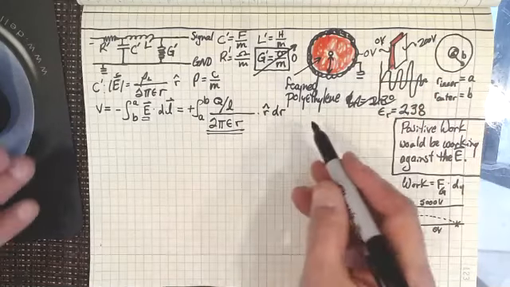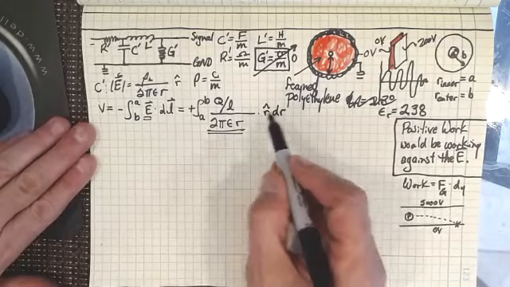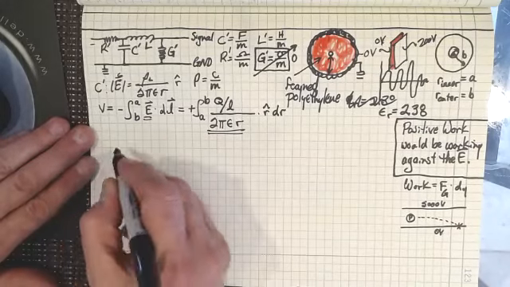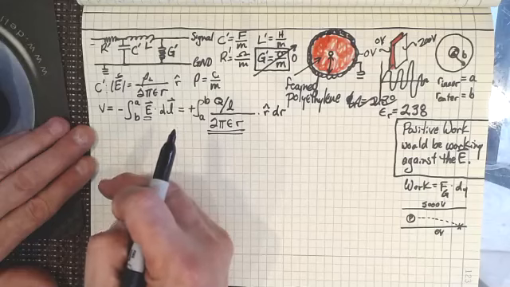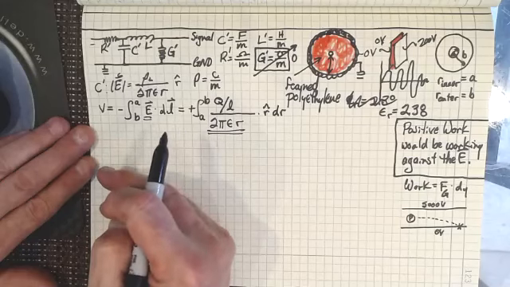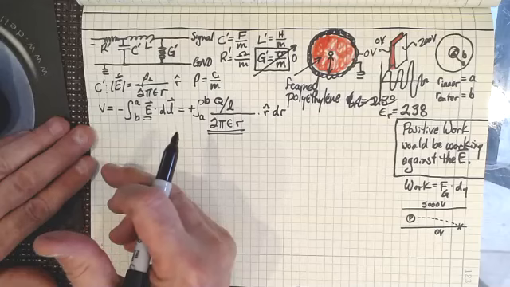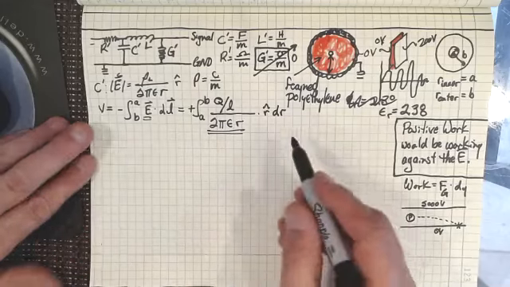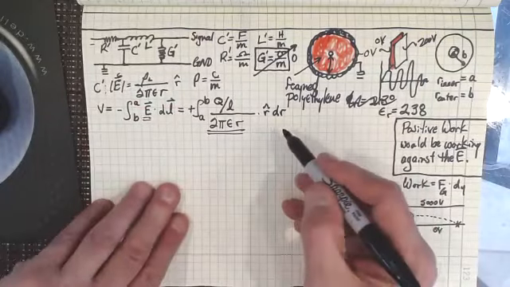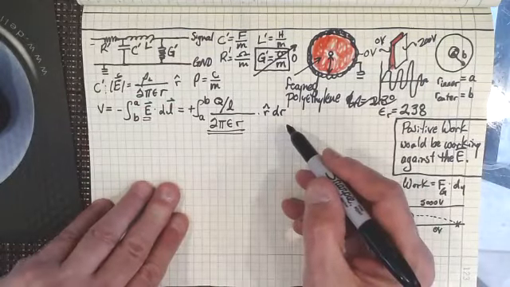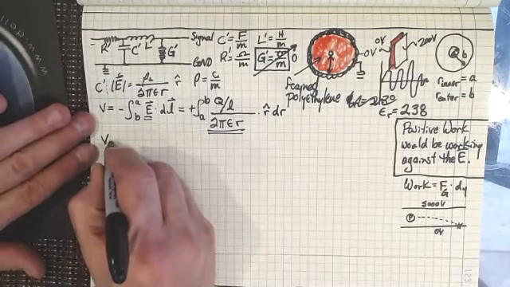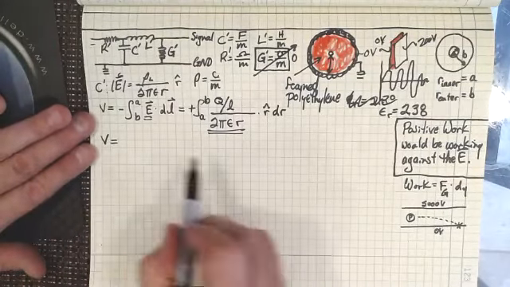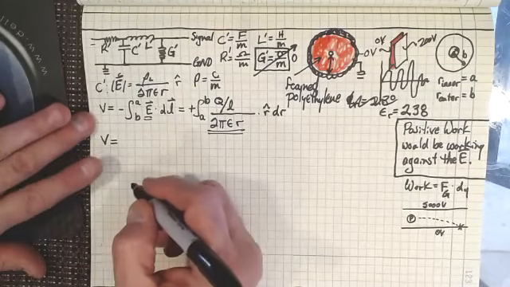I hope I didn't lose anybody there. I'm just putting that there, and of course that's dr. Everything seems fine. I might want to rewrite this. Let's just go to the next step, and then I'll simplify the fractions.